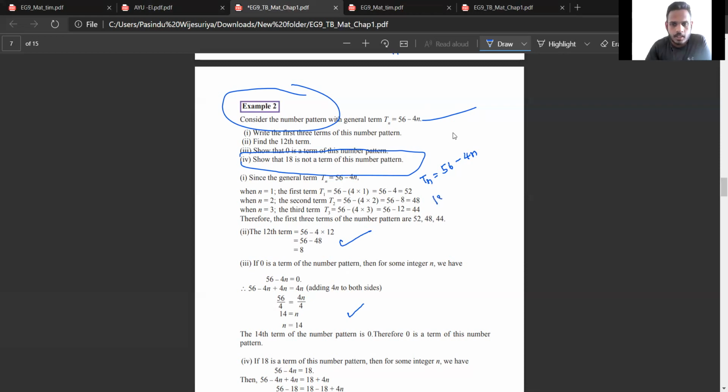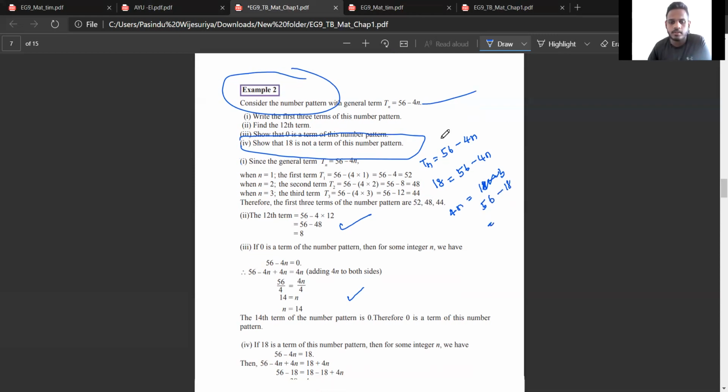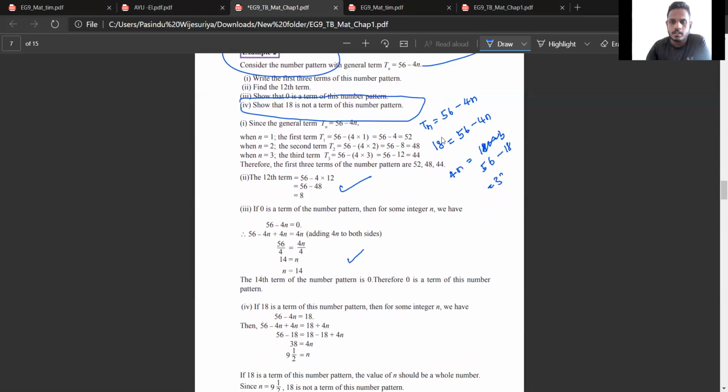So what we have to check is 18 equals 56 minus 4n. If you simplify this, 4n equals 56 minus 18. So what is the value when you subtract 56 minus 18? It's 38, so 38 equals 4n. Your n is 38 by 4.